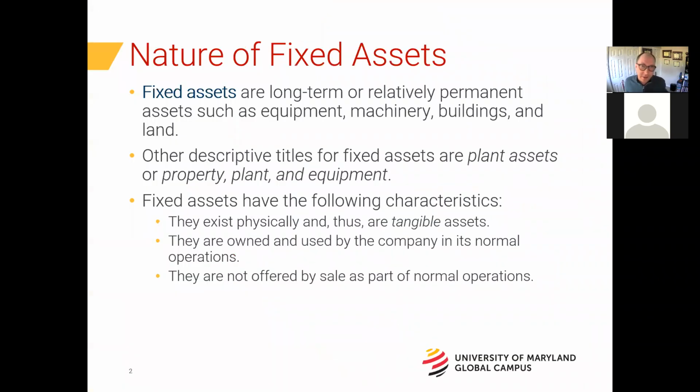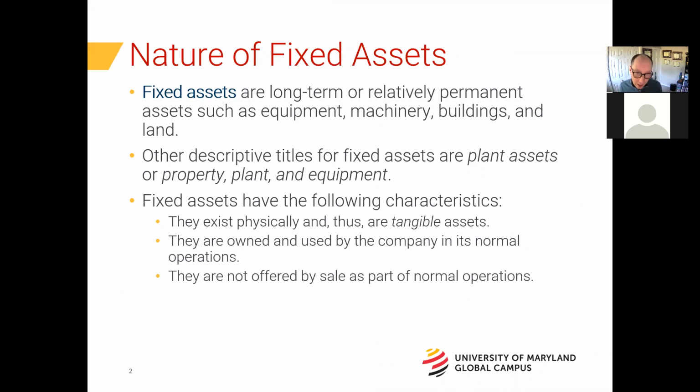So fixed assets. The idea behind fixed assets is that the assets are long-lived, they're permanent, and they include things like machinery, equipment, buildings, and land. Property, plant, and equipment, PPE. In most cases, on your 10K reports, when you're reading through them, they're typically listed as fixed assets.